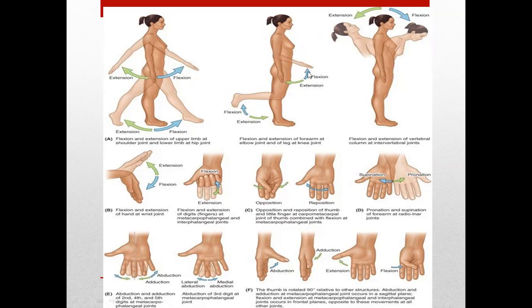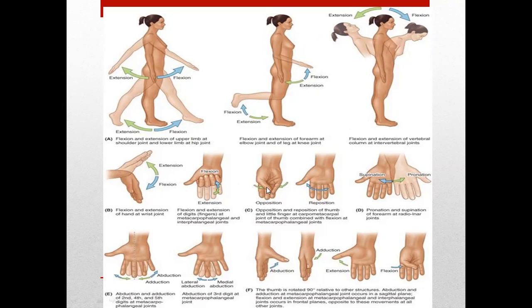This is the easy example of flexion and extension. If we decrease the angle of the forearm, this is the flexion of the forearm. If we increase the angle, it is the extension of the forearm. Similarly, this is the flexion of the hip joint and extension of the hip joint. We are decreasing the angle of the wrist. So this is the flexion and this is extension.